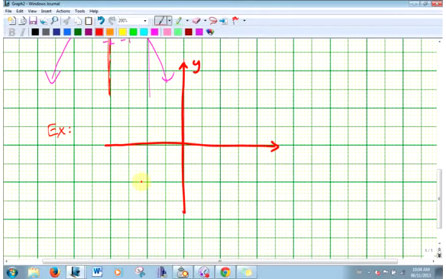So what do I got? I got a point at 2, 3. 1, 2, 1, 2, 3. I have a point at 3 and 3. And my parabola looks like this.